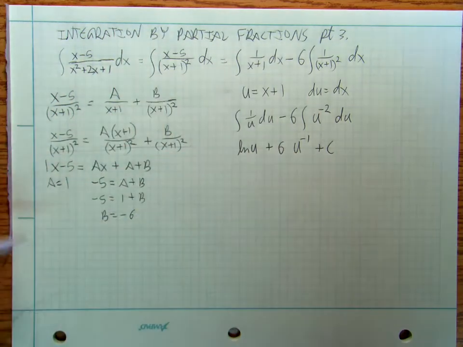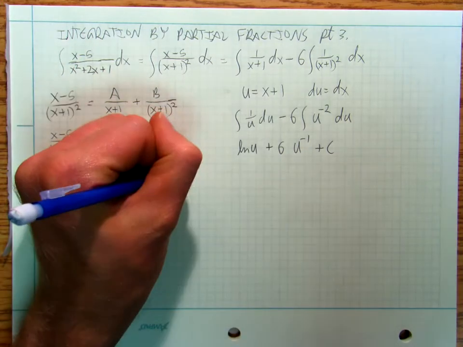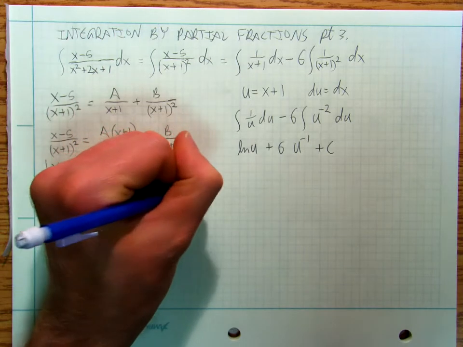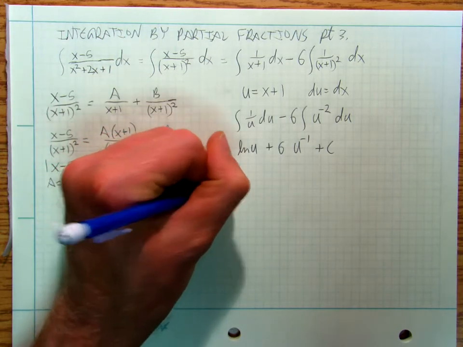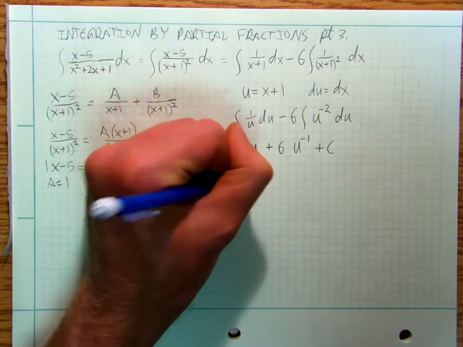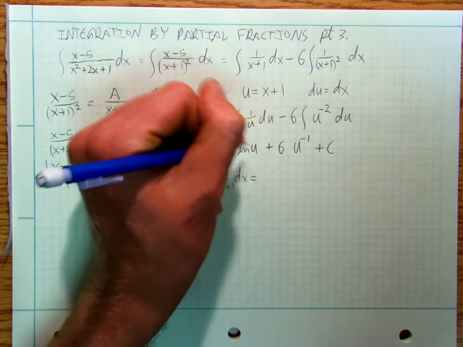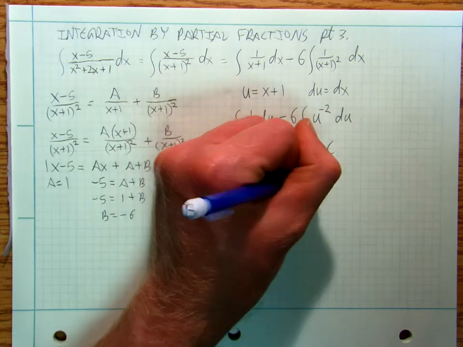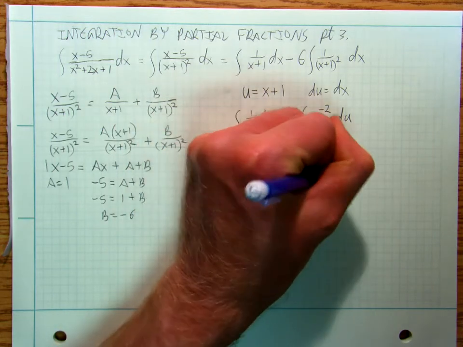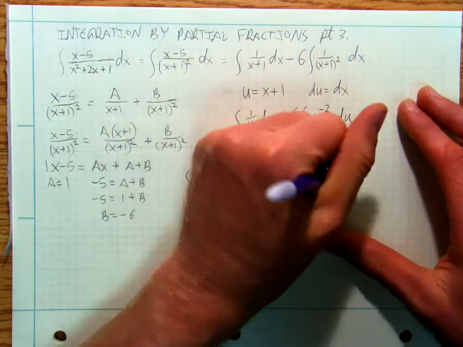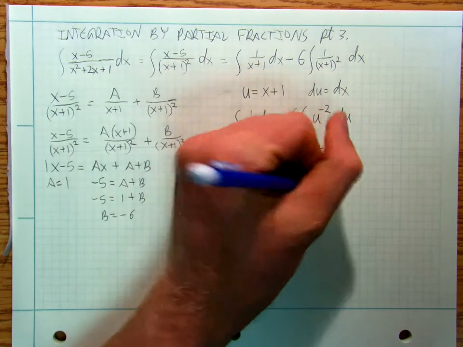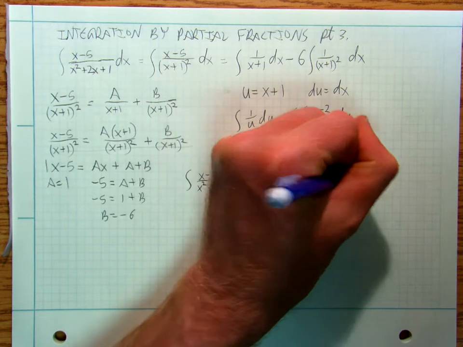So what I'm really going to finally say is that the integral of x minus 5 over x squared plus 2x plus 1 dx is equal to the ln of x plus 1 plus 6 divided by x plus 1 plus c.